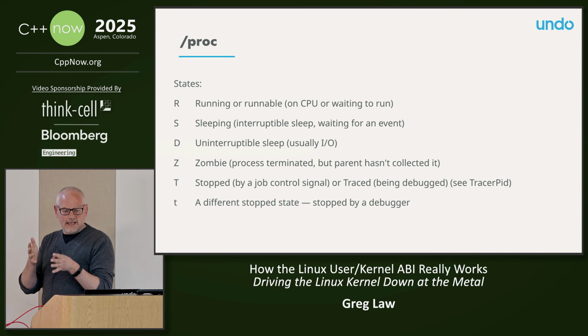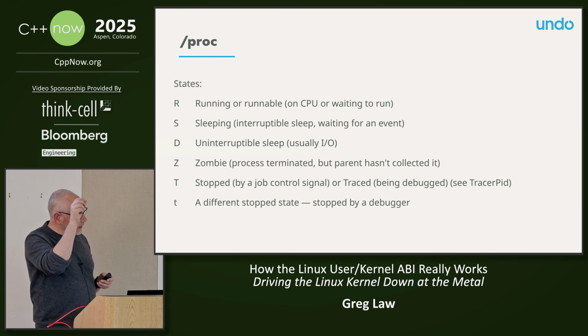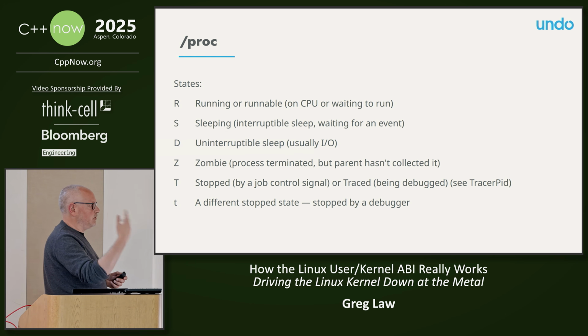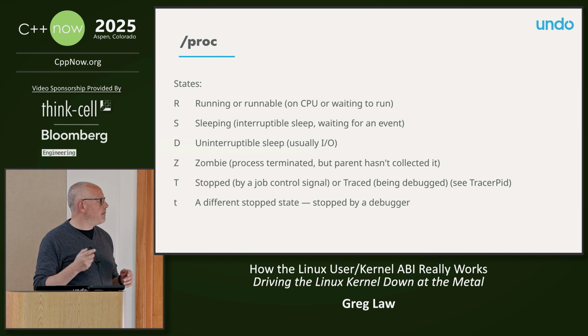They'll be in a special T stopped state, unless it's being ptraced, in which case it goes in lowercase t, which is a slightly different stopped state, but not meaningfully.